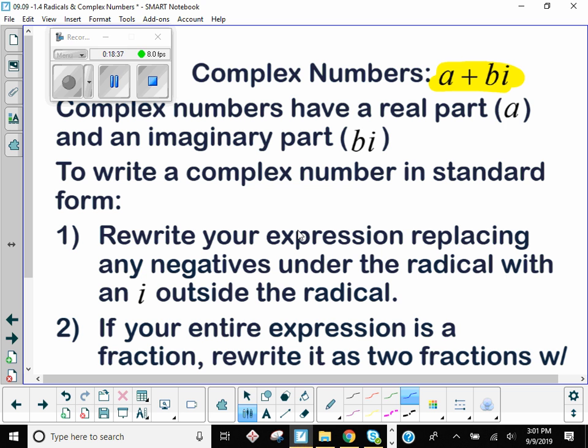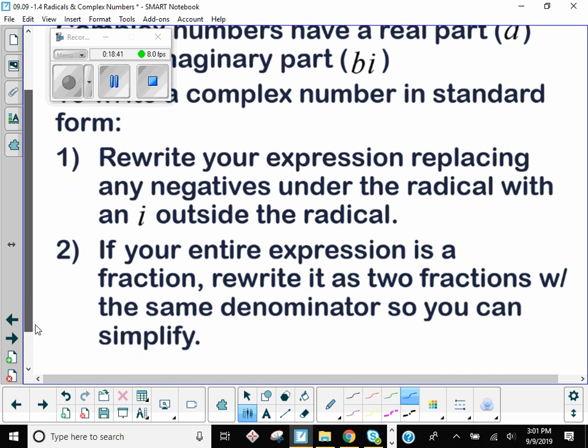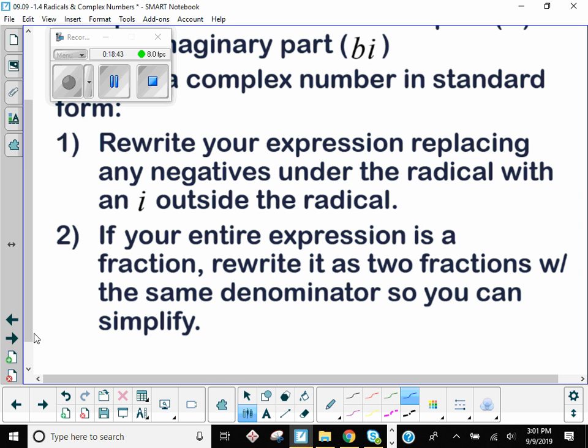Okay, we got that skill down. We've been doing that all class period. If your entire expression is a fraction, rewrite it as 2 fractions. Please highlight this part. Rewrite it as 2 fractions with the same denominator so you can simplify.